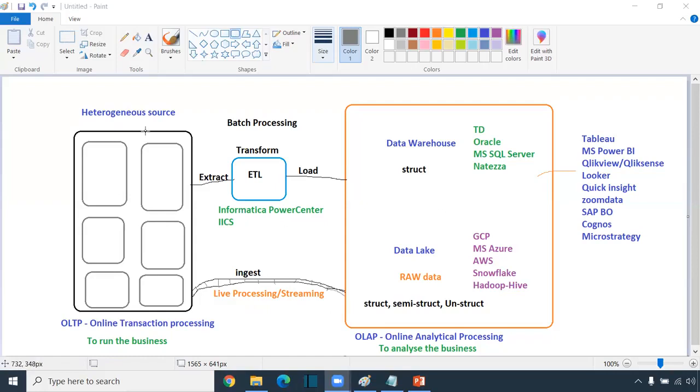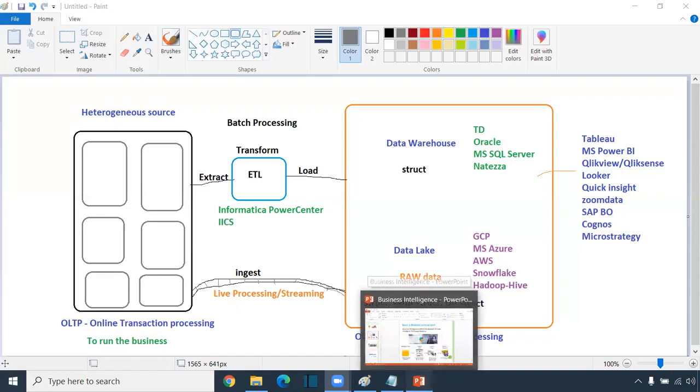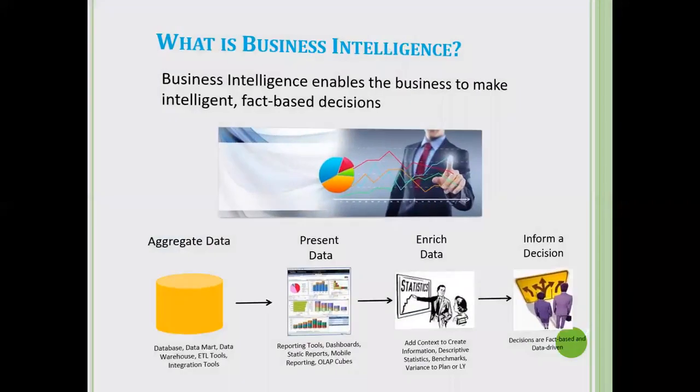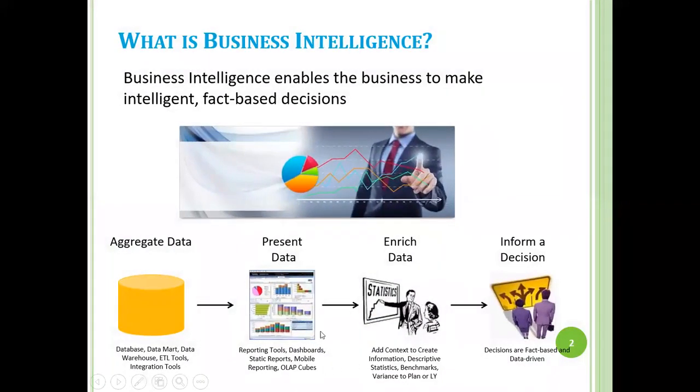Are you clear? This one is basic for our Informatica. If you know this very clearly, then whatever I'm going to explain now will be clear for you. This is what happens in real time. Our business analyst team, our business development team, or your data analyst team, will be analyzing particular reports.